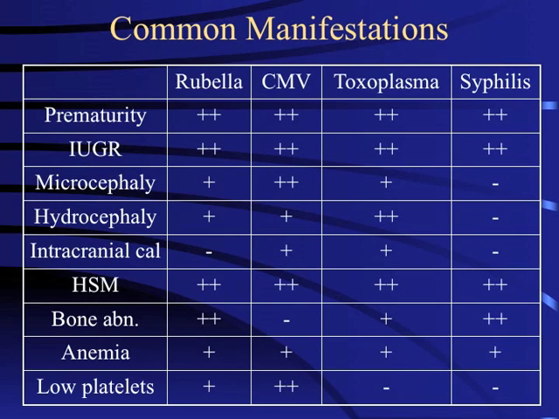Both CMV and toxoplasmosis can give you intracranial calcifications, but usually with CMV they are periventricular calcifications, and with toxoplasmosis they are more peripheral calcifications in the brain. You tend to see hepatosplenomegaly with most of them. With rubella and syphilis, you can see bone abnormalities. All of them can cause a mild anemia. And with CMV, you can also see very low platelets.